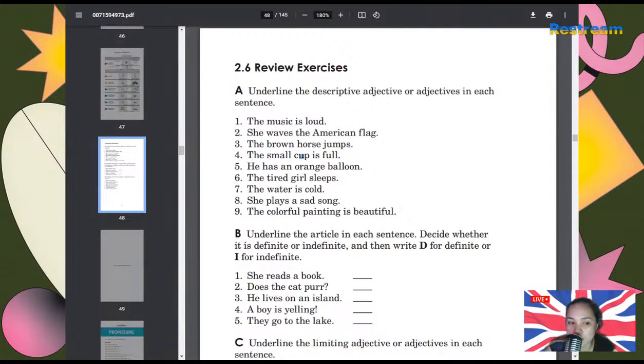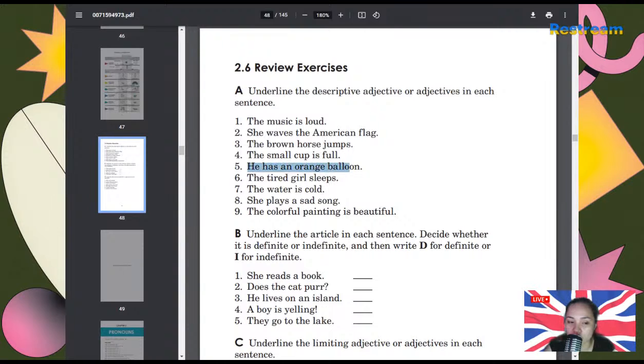The noun is the small cup. Let's complete it: the small cup. Now what is the adjective? Yes, the adjective is full. Okay, next one.